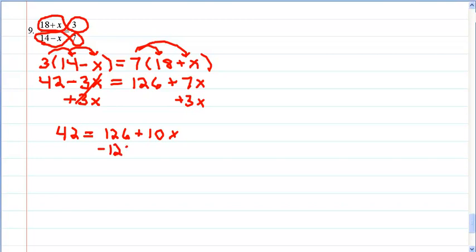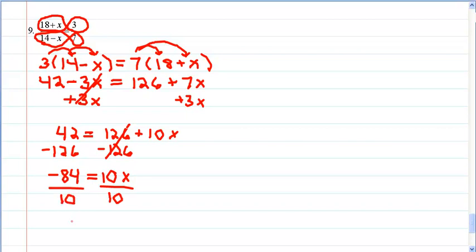And my next step is to subtract 126 from both sides, because I want to get the x by itself. And 42 minus 126 is negative 84. And my last step, when I divide both sides by 10, I get x is equal to negative 84 over 10.